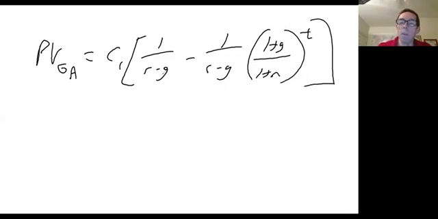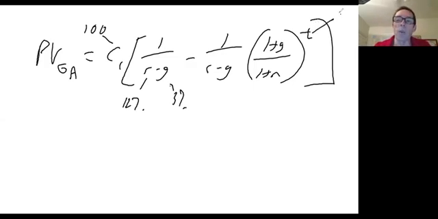Okay, so G is my growth rate, which again is 3% that we put in there. R is the discount rate, which was 12%. The cash flow at time 1 was $100. And T is how many times we get cash flows. It's going to be a different cash flow each time, but how many times are we getting those cash flows? We said it's going to be 10 times. So I've got all the numbers I need to find the present value of a growing annuity.